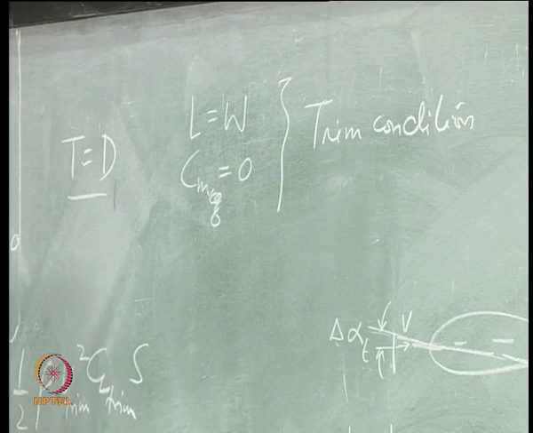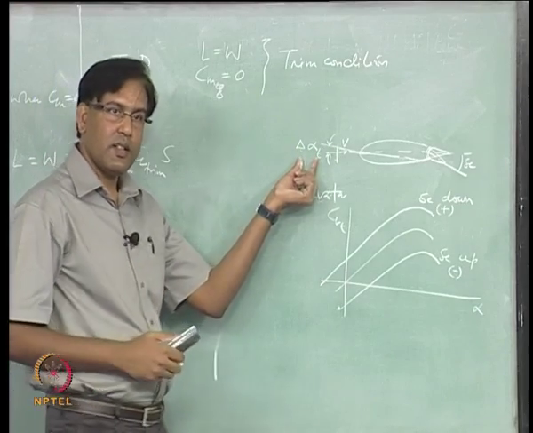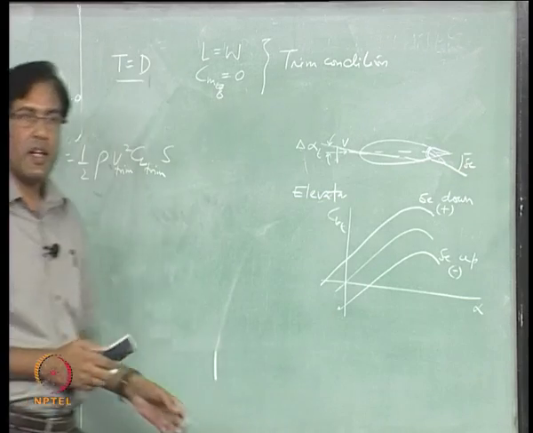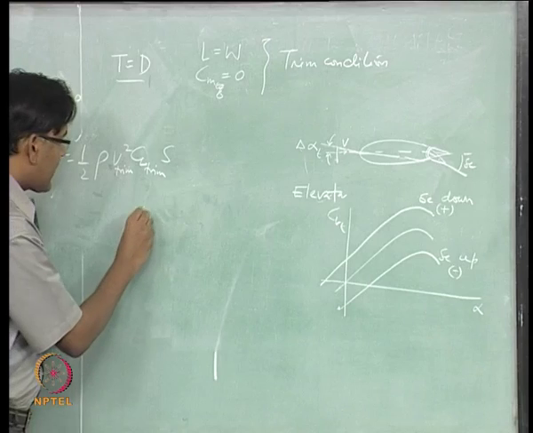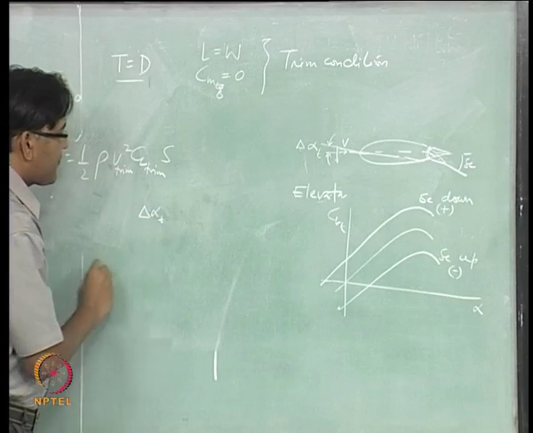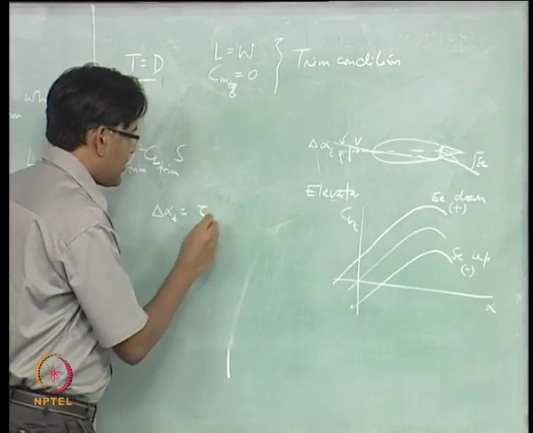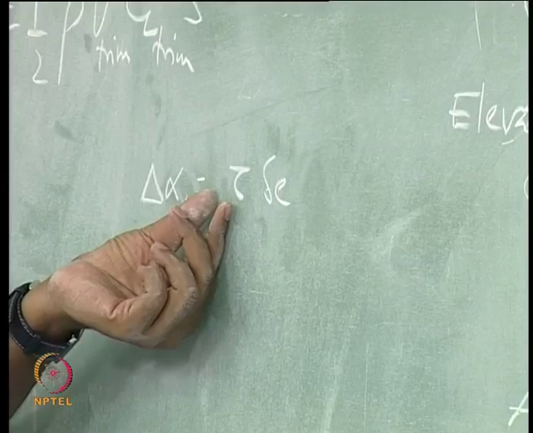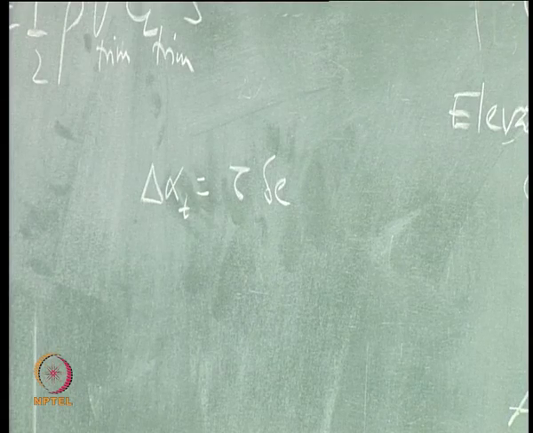Right. So, clearly there is a change in the angle of attack at the tail because of the deflection of this flap, which is elevator in this case. So, I can write this delta alpha t equal to some tau into delta E.